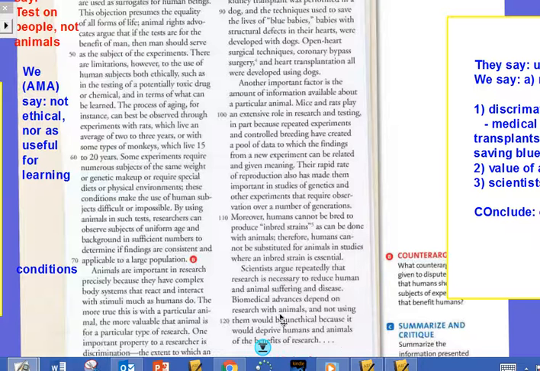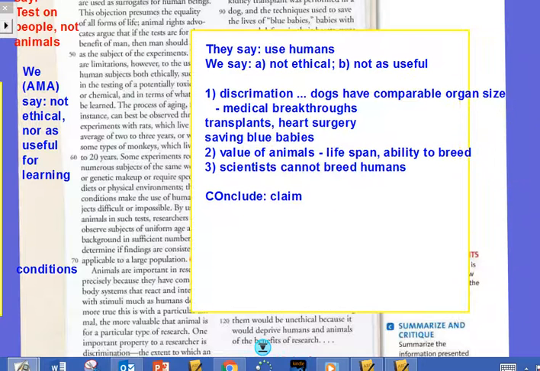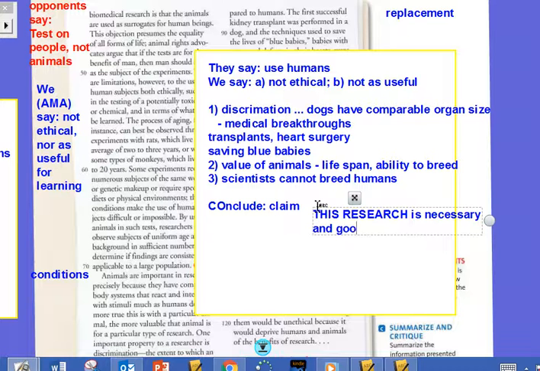Biomedical advances depend on research with animals, and not using them would be unethical because it would deprive humans and animals of life-saving scientific information. So in other words, they're saying this research is necessary and it is good. And it would be unethical not to do it.